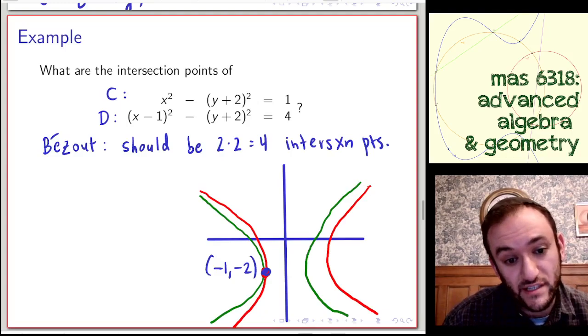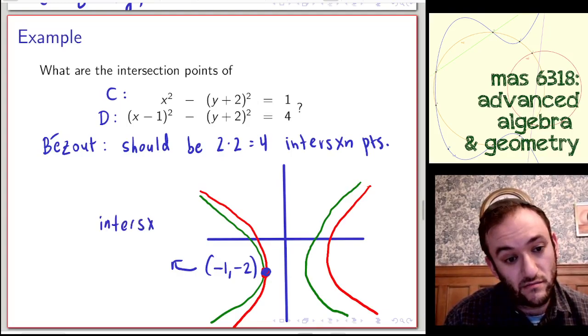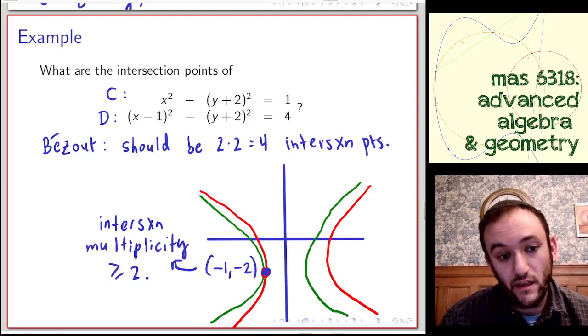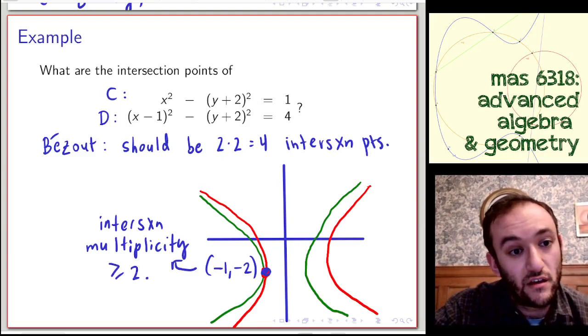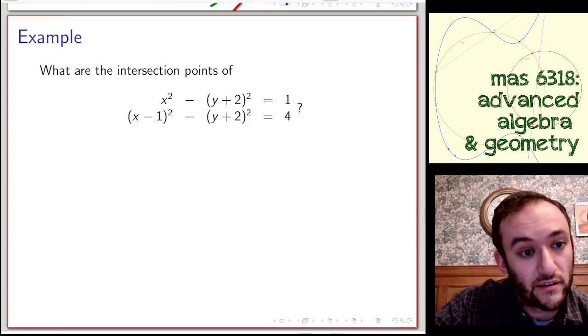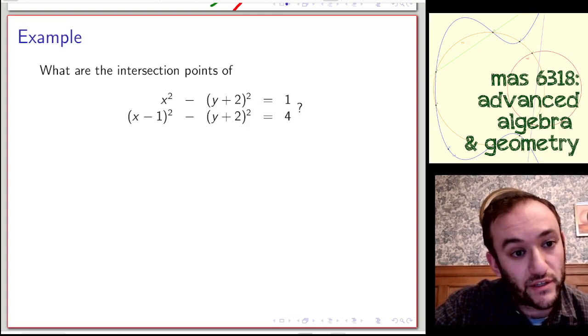So the first thing is that this has intersection multiplicity at least 2 because it's tangent. As for where the other intersections are, for that, we want to use one of our tools for calculating intersection multiplicity.